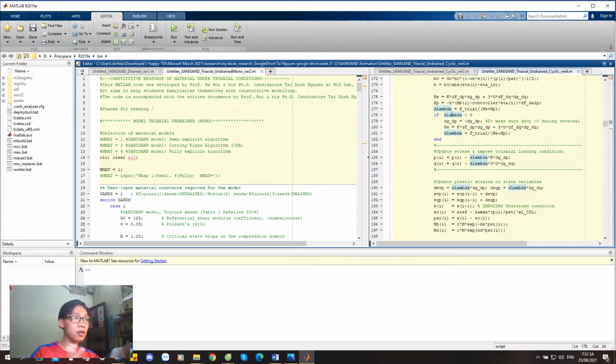It's never lower than zero. So we have to understand it because of the reversal. So dλ is negative during the reversal. We can get familiar with it, but we have to change dε_v^p to positive. So that's why we do it.